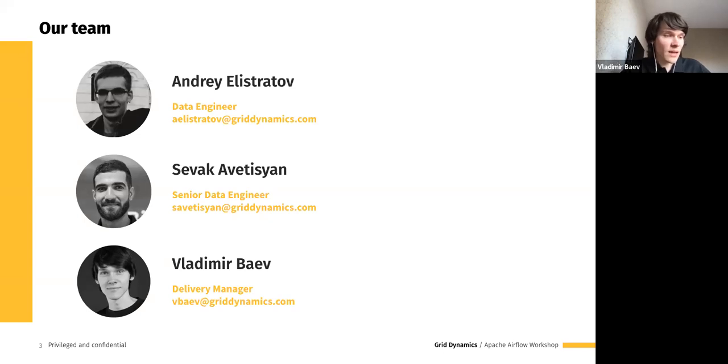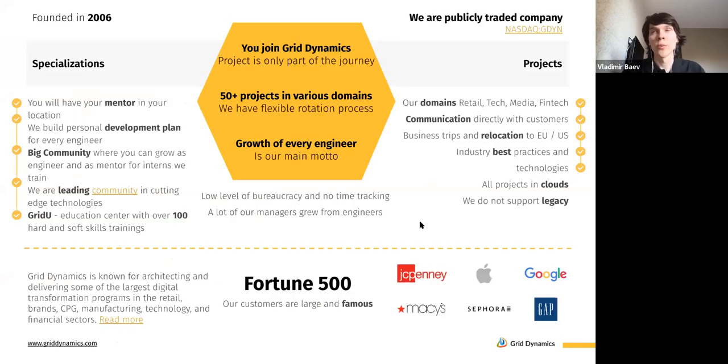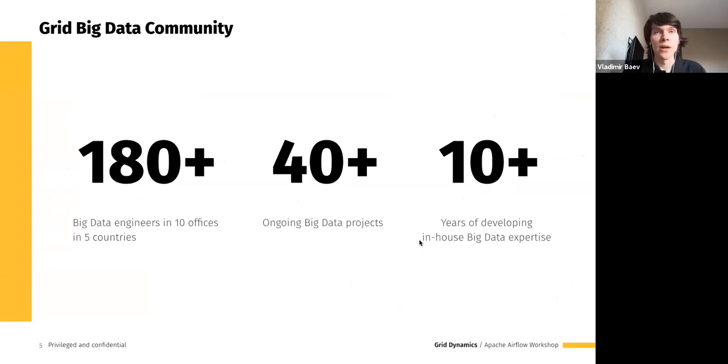Okay, and then I'd like to take the next couple of minutes and give you a really quick overview about the Grid Dynamics company. So we are a public company with our clients from Fortune 500 lists. And basically, our main focus is digital transformation for various business domains. And speaking about the big data community, we have around 200 big data engineers distributed across 5 different countries.